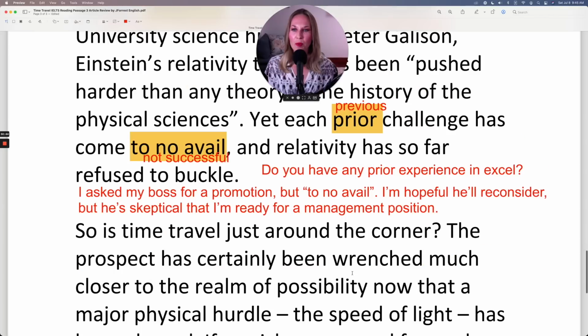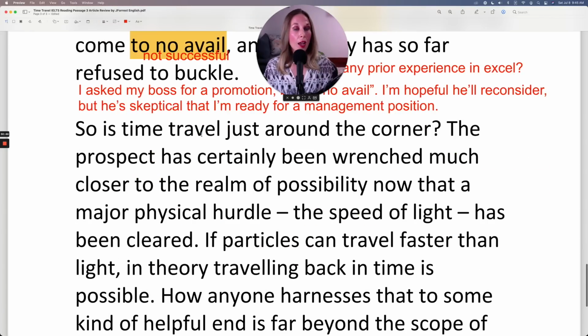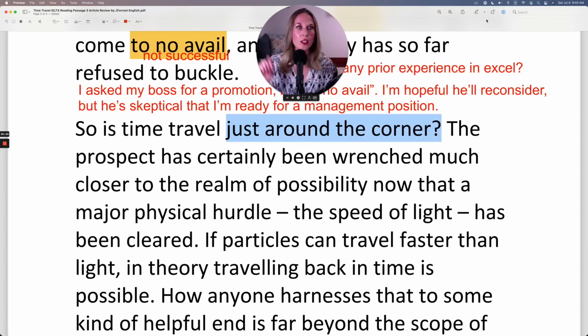Let's continue. So is time travel just around the corner? When something is just around the corner, it means happening soon. So you could say, my vacation is just around the corner. Happening soon. So is time travel happening soon, just around the corner? The prospect is the idea that time travel is just around the corner.